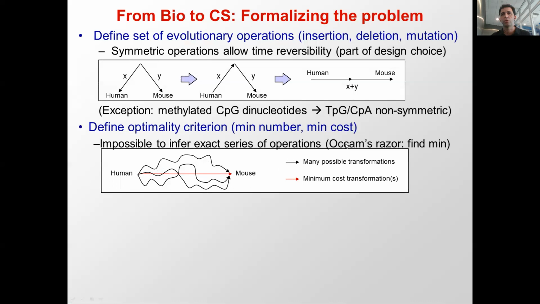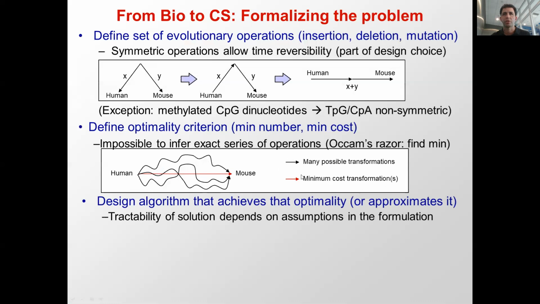But what we're going to use is Occam's razor and simply find the minimum number of operations that transforms humans into mice and vice versa from all of the possible transformations. And we're going to be designing an algorithm that actually achieves that optimum or approximates it. So basically, first we define the operations, then we define what would be optimum if we could get there. Then we're going to design an algorithm to actually get to that optimum.